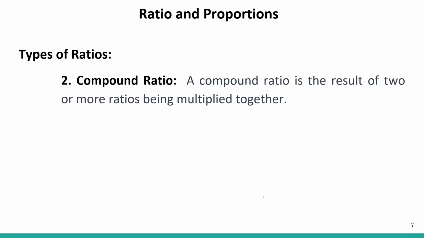Let's see the second type of ratio, that is the compound ratio. Compound ratio is the result of two or more ratios being multiplied together.